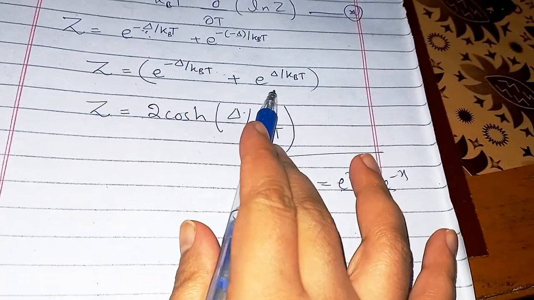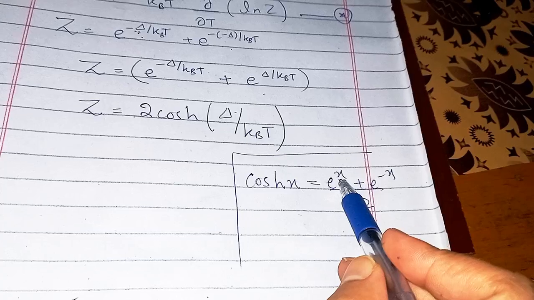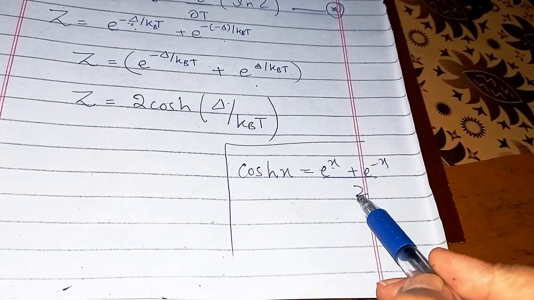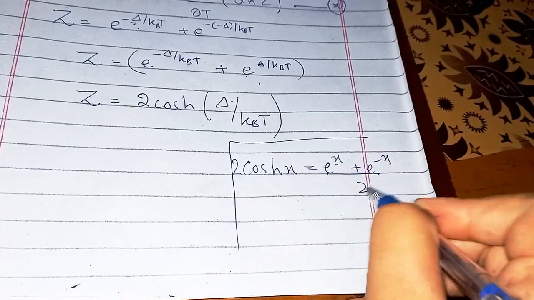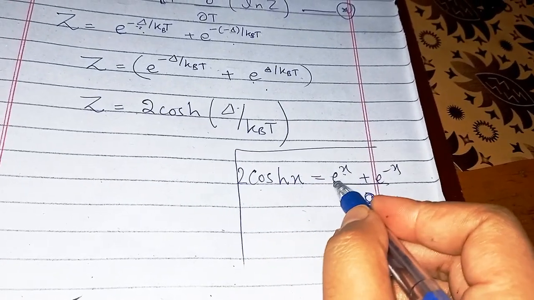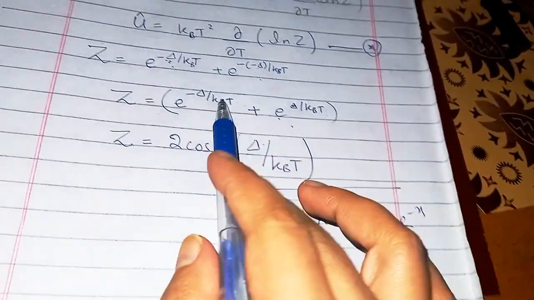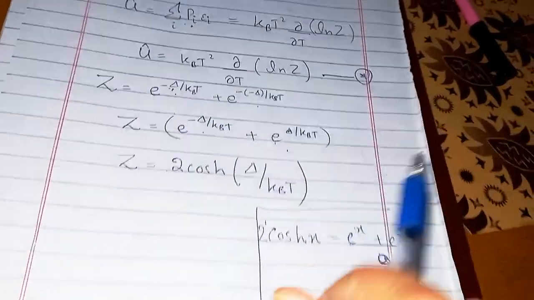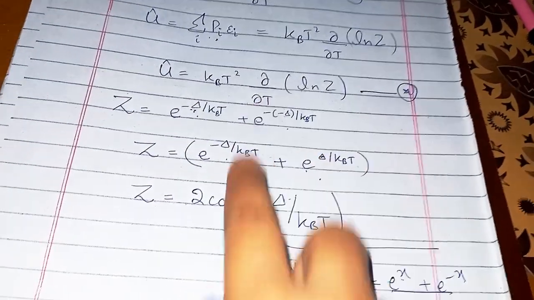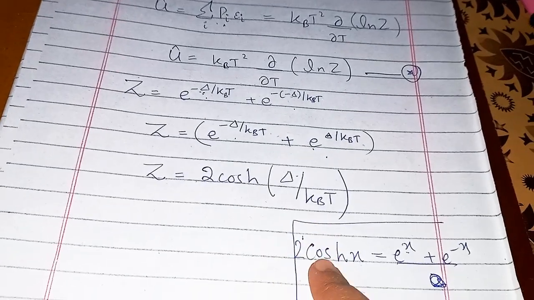We have the same situation here. Here x is delta by k_B T, and there is a 2 missing, so we can take the 2 to the other side. So it's 2 cosh of x equals e to the power x plus e to the power minus x. So we can replace it with this. It will make this differentiation way easier. Okay, that is why I'm doing it.